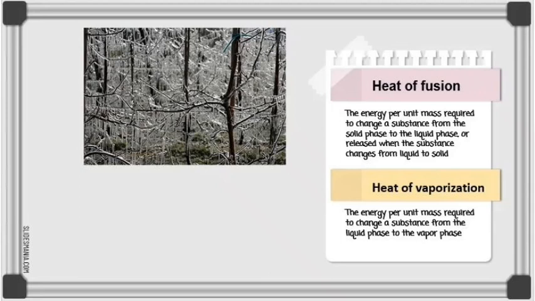So the energy involved in a phase change depends on the number of bonds or force pairs and their strength. So the number of bonds is proportional to the number of molecules and thus to the mass of the sample. Then heat of fusion or heat of melting is the energy per unit mass required to change a substance from the solid phase to the liquid phase, or released when the substance changes from liquid to solid.